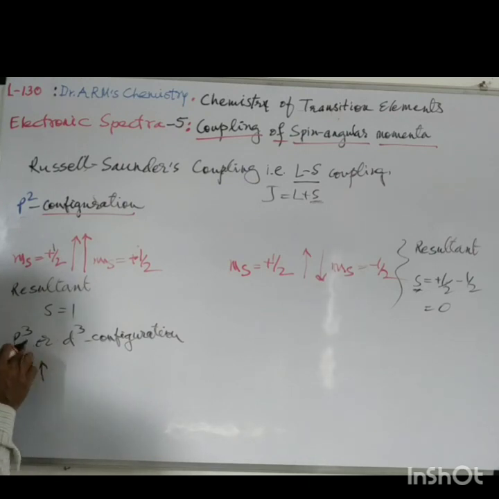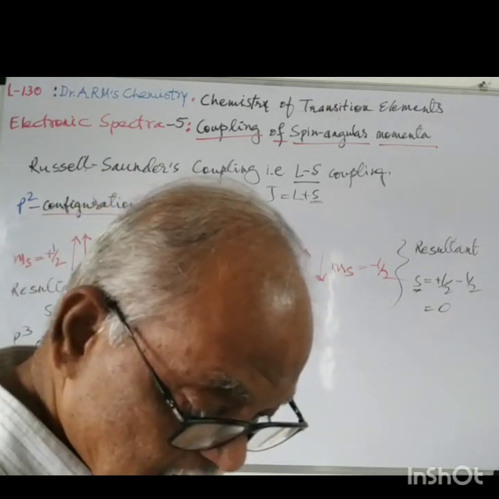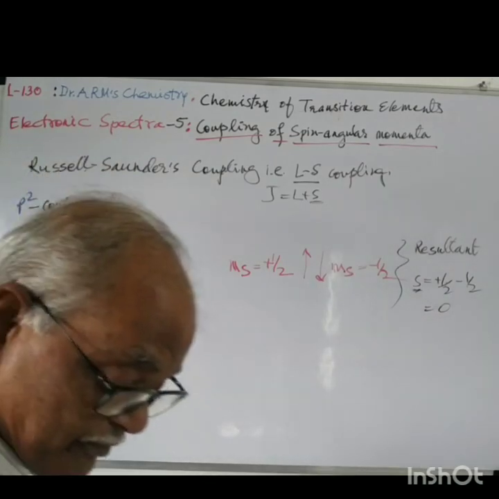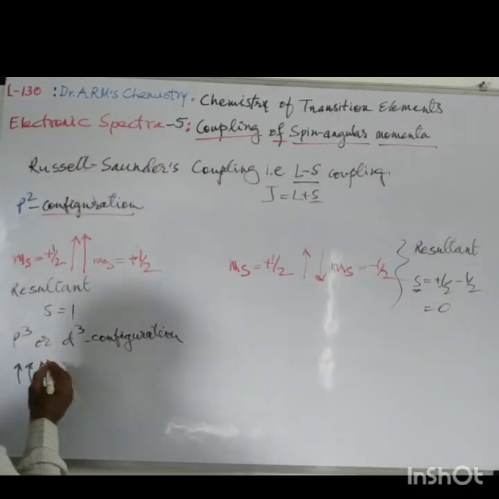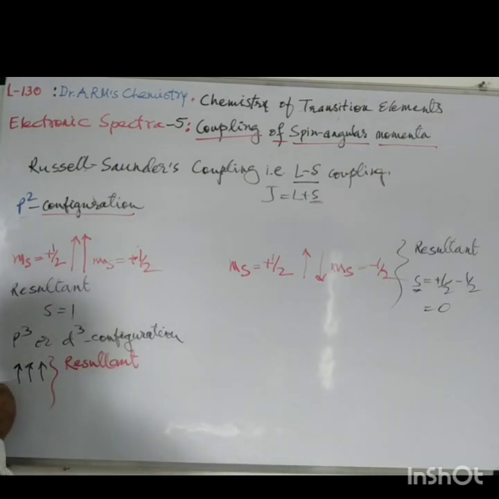These electrons may be either in the p or d subshell. And for this case, these are ms values.